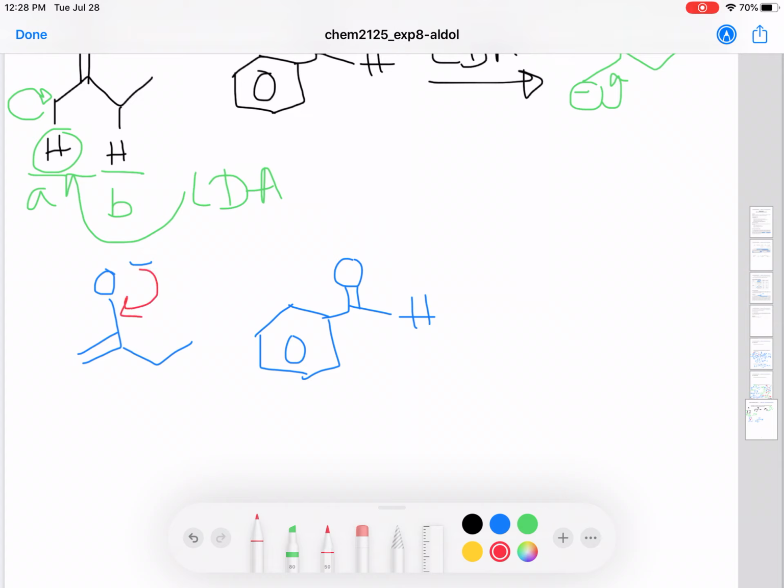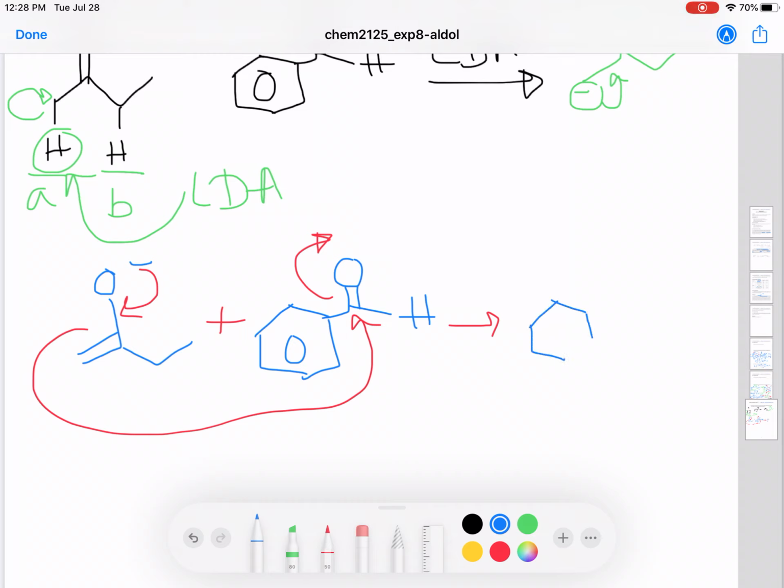And this carbon then will go and react with this to form O minus.